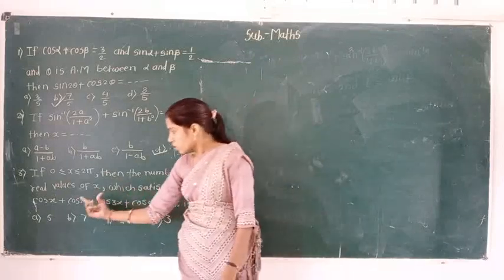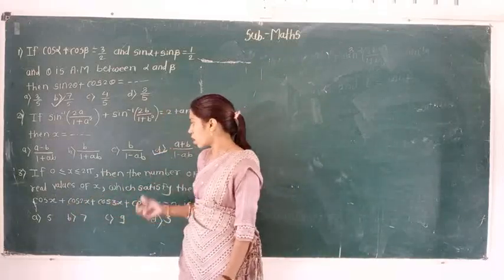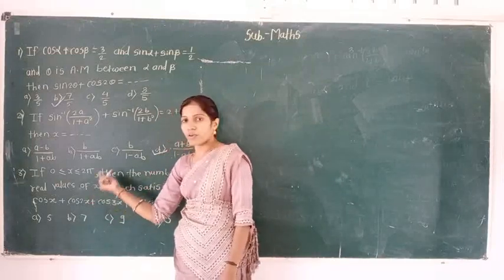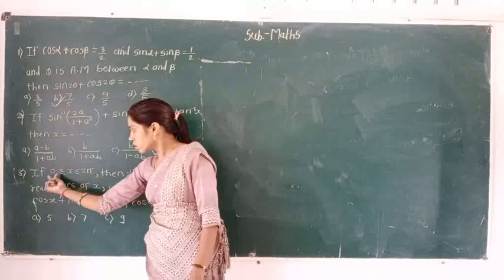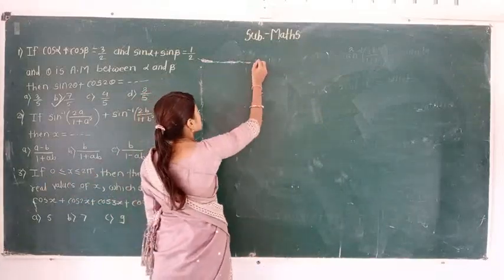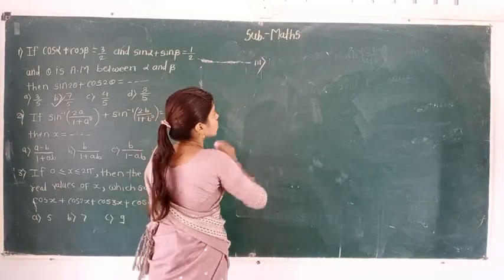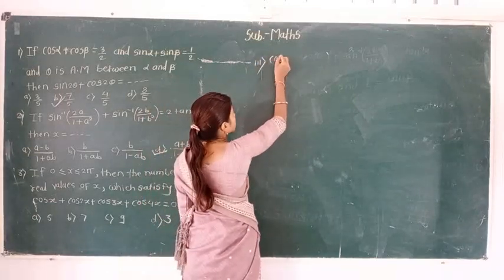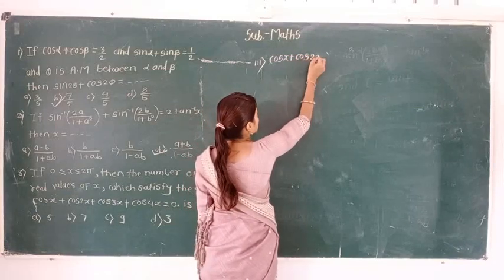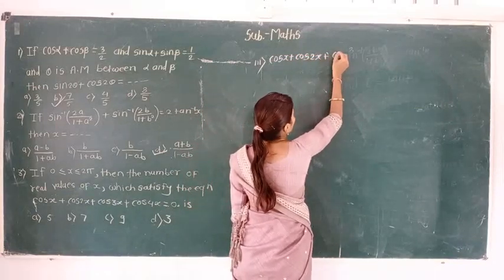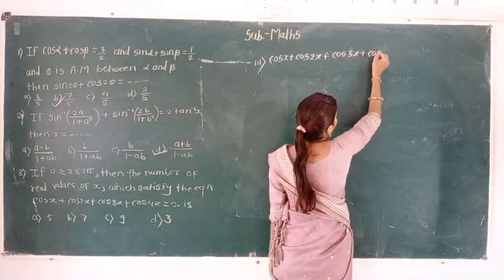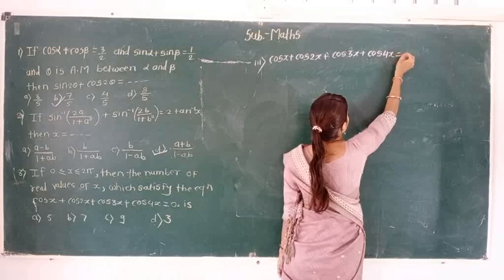So after solving this equation we have to find the values of x, but these values of x are lying in the interval 0 to 2 pi. So first of all we write the given equation: cos x plus cos 2x plus cos 3x plus cos 4x is equal to 0.